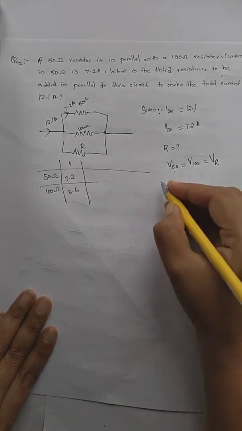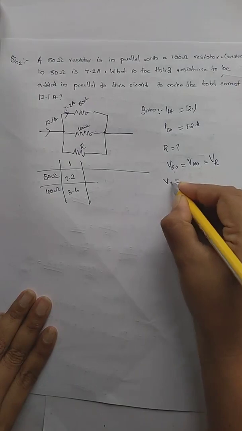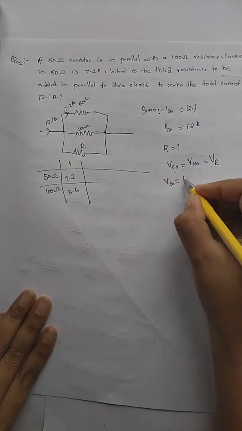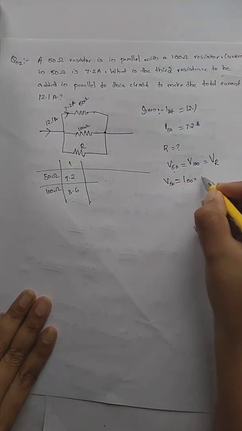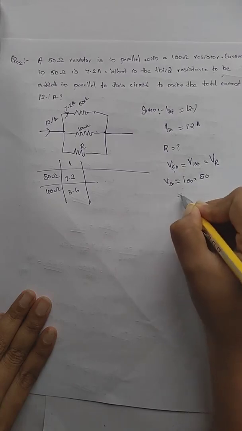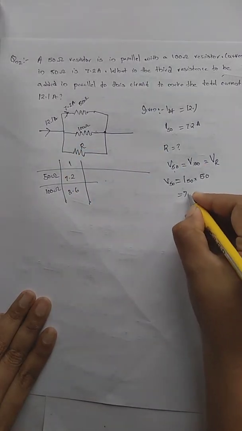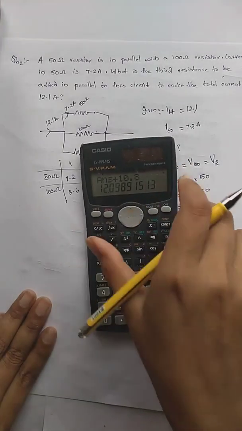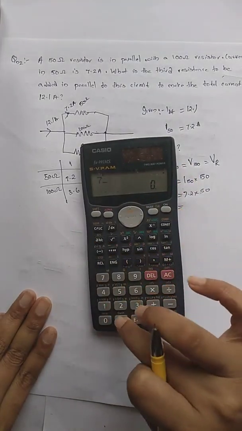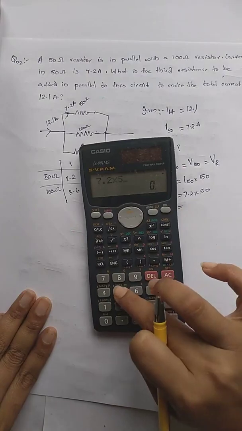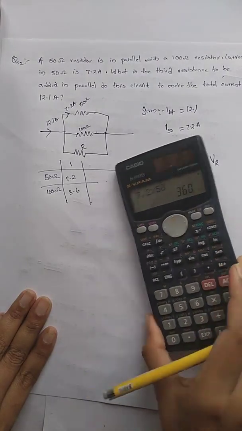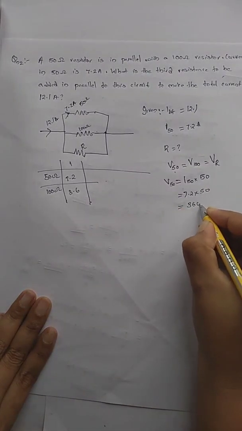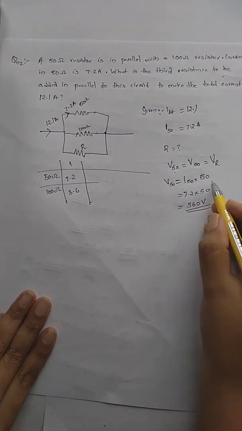Voltage across 50 ohm is equal to current through the 50 ohm into resistance 50. That is 7.2 into 50, that value will be equal to 360.